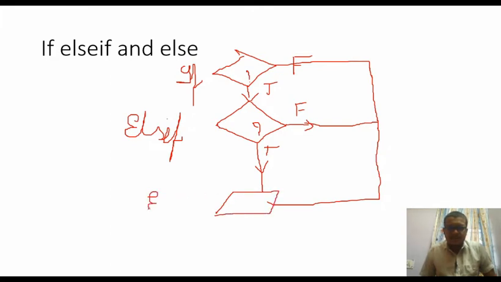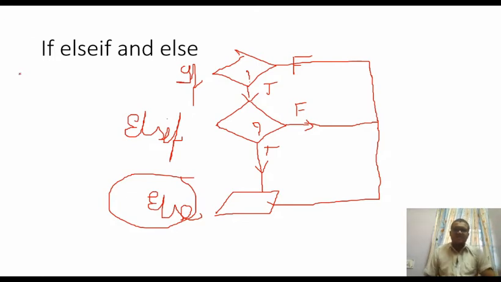So this is if. After a condition fails, we go on checking the other conditions. If all these conditions fail, there is one default condition called else.